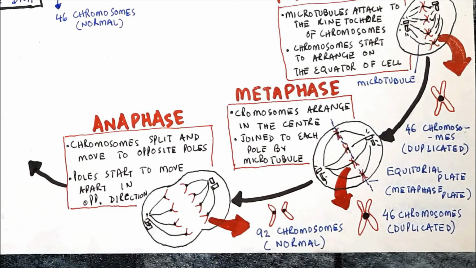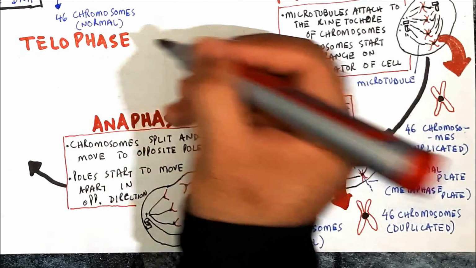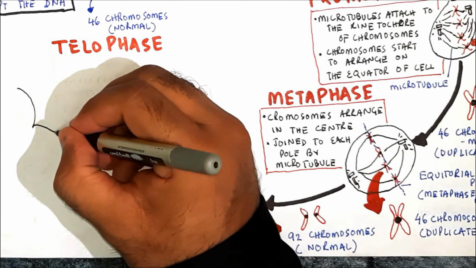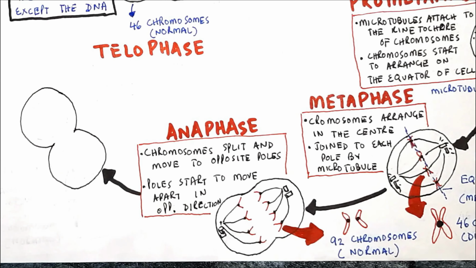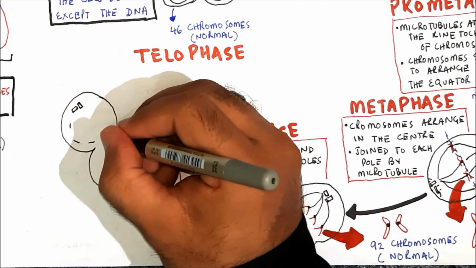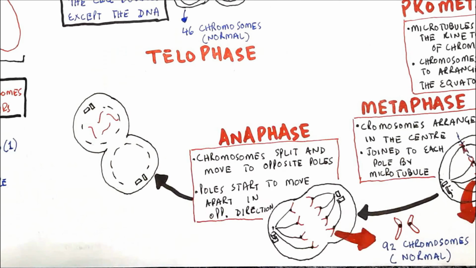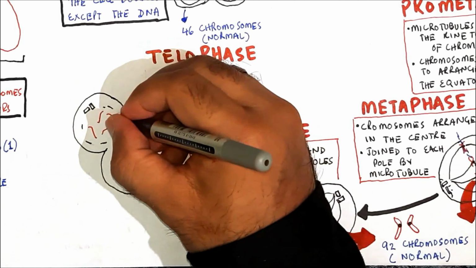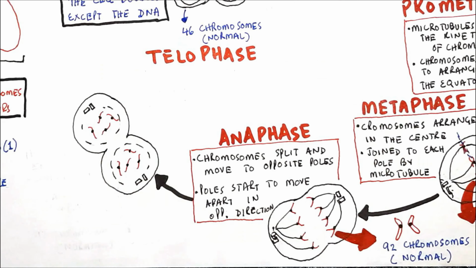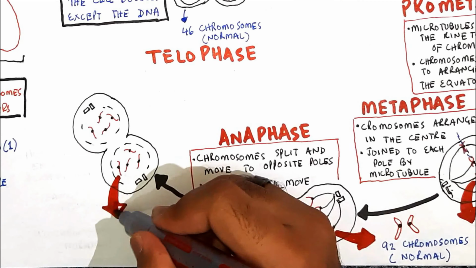The next phase is the telophase. Now in telophase, the cell shrinks and is going to divide into two. We can see the nuclear envelope reappearing, and the cell now has two nuclei. The same cell has the two nuclei.